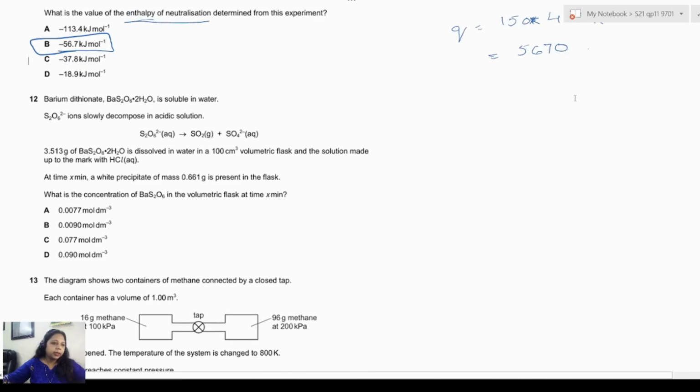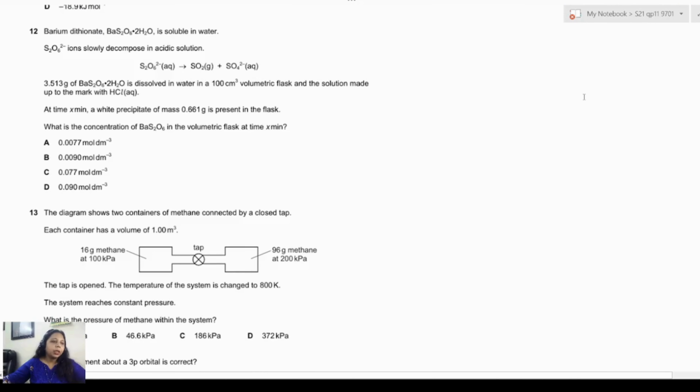Then question number 12 states barium dithionate is soluble in water, and this ion slowly decomposes in acidic solution, and this is the decomposition given. So 3.513 gram of barium dithionate is dissolved in water in a 100 cubic centimeter flask, and the solution is made up to the line.